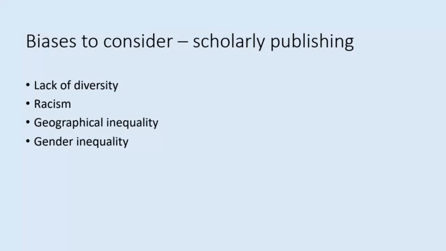The first few are the issues of lack of diversity and racism within the scholarly publication industry. This is a big problem, and it affects who can do research and what research gets published. When we're thinking about those leading journals, the leading journal editors are mostly white or from Western or North American countries.